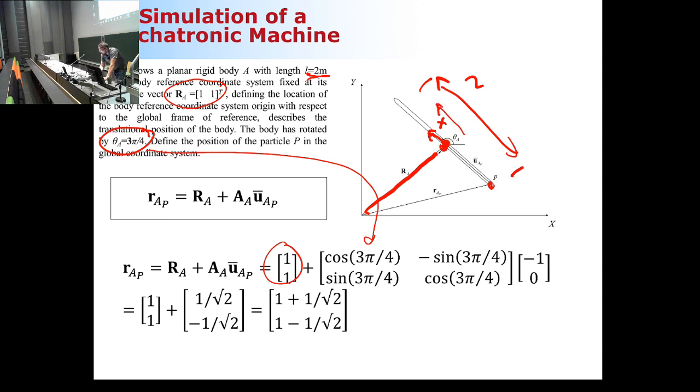But how can I get here? By traveling in the minus x direction. You got it? Because I'm looking this direction, and this is where I need to go. So I'm traveling minus 1. How far do I need to travel in this direction? 0. So minus 1, 0. You do the math, that's how it looks.